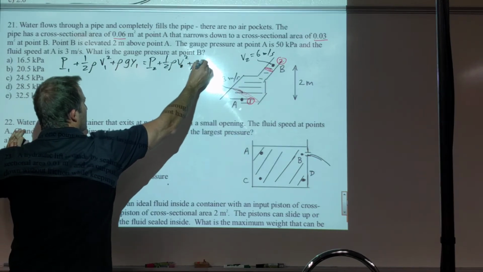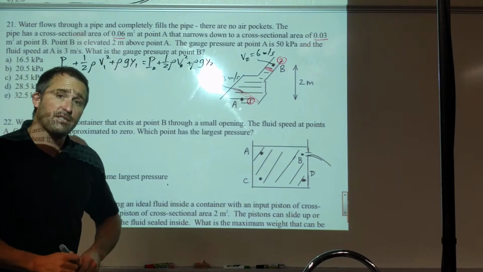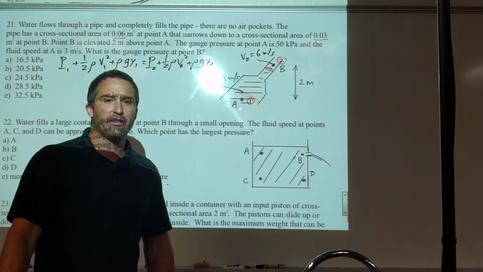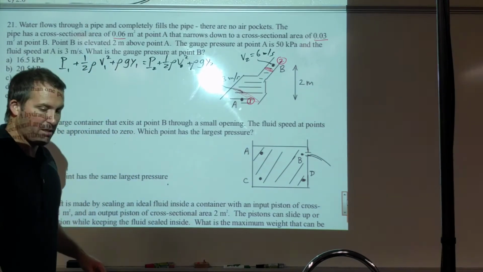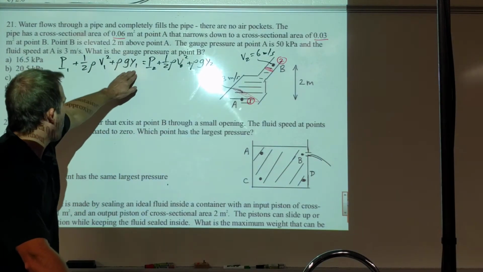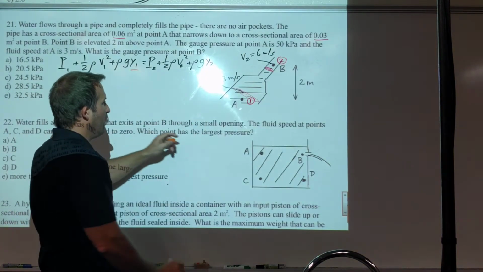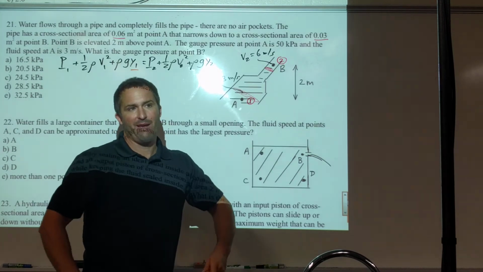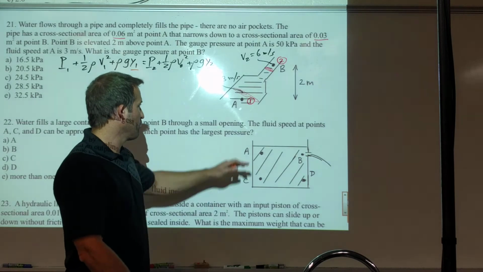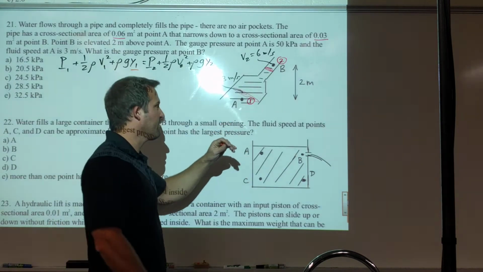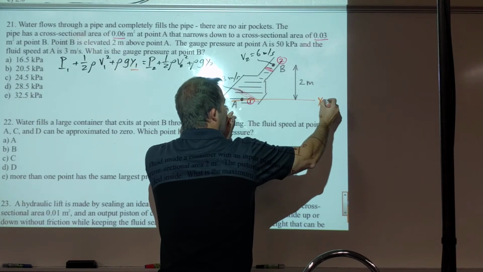Whew. 6 terms. It looks a little intimidating, but don't worry too much. There is one other thing we're going to need to do here, and that is that we've got this y1 and y2. These represent the height at point A and point B. And we have to define where the height is 0. I usually look at the 2 points I'm considering, and whichever one's lower, I make that height 0.